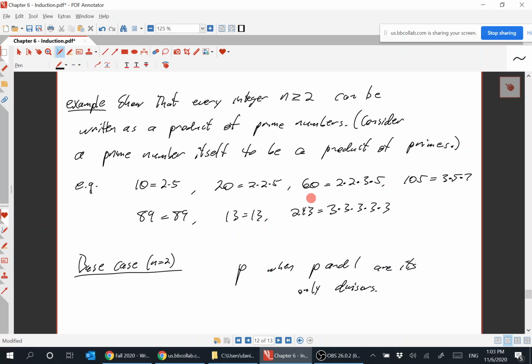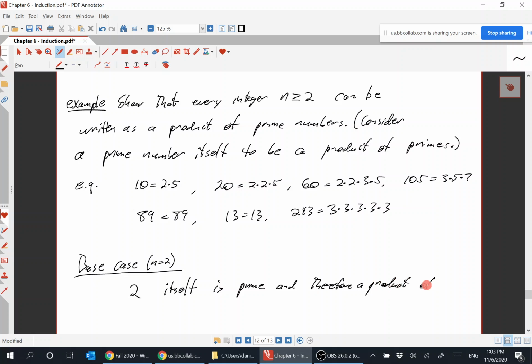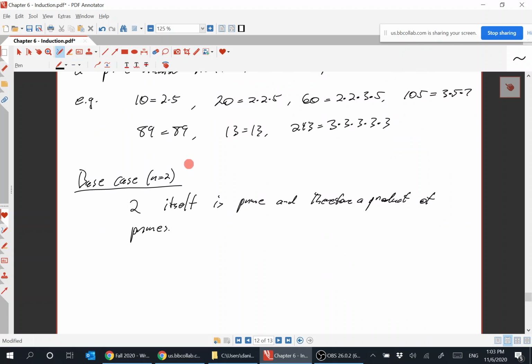Anyway, if you didn't consider 2 to be a prime, then this theorem wouldn't hold, because you've got to have 2's in there. 60 and 32 and 64, and so on and so forth. So 2 itself is a prime, and therefore a product of primes. Period. Induction step.